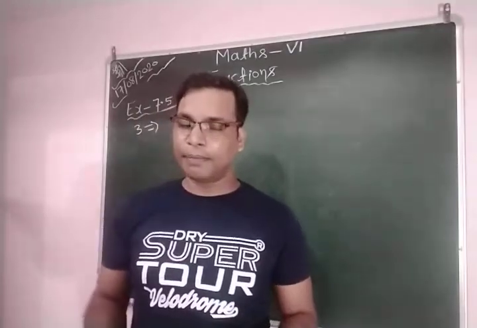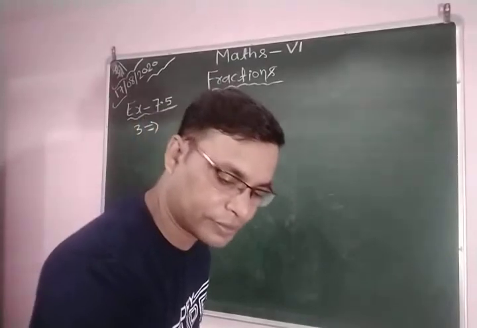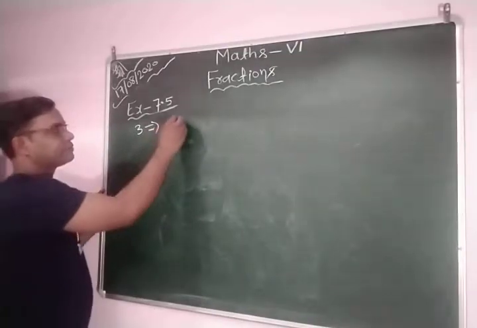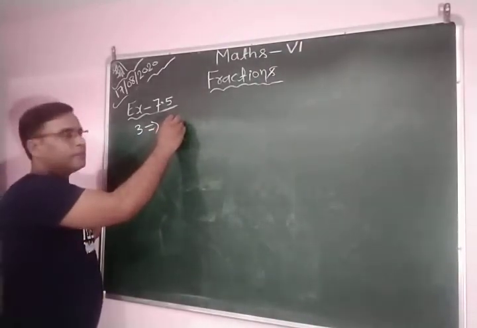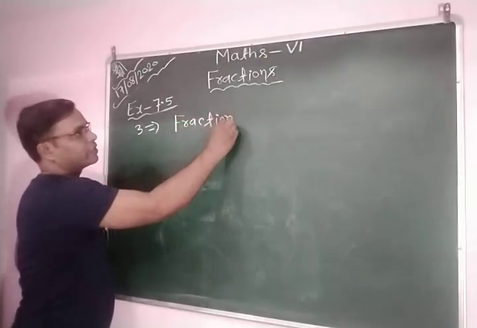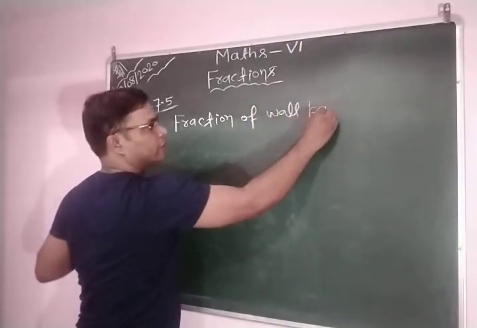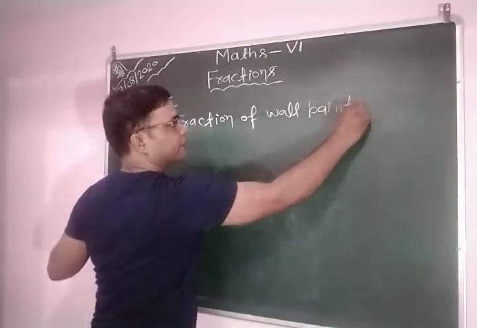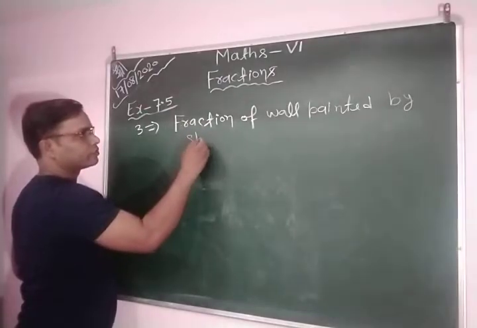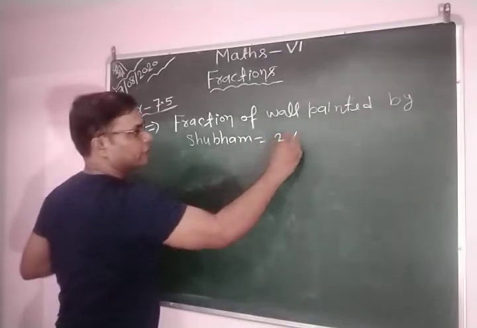How much did they paint together? So the fraction of wall painted by Shubham is equal to 2 by 3.